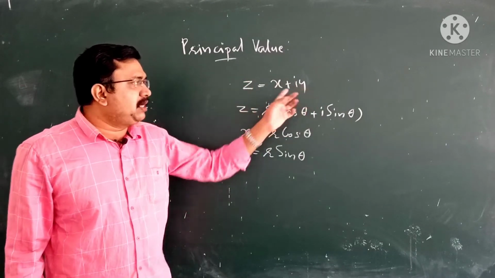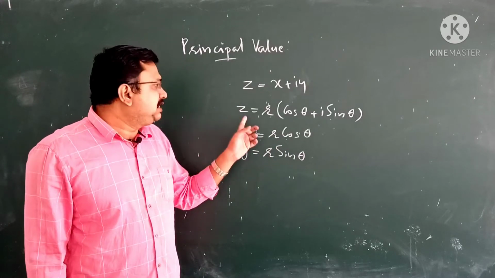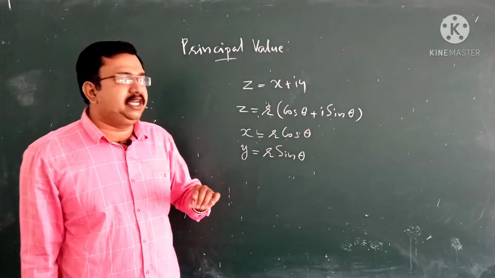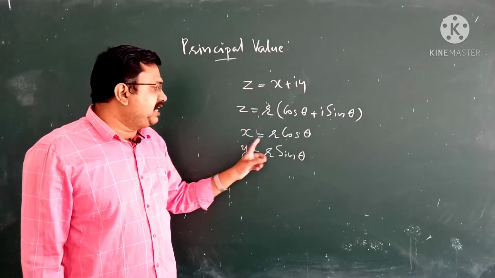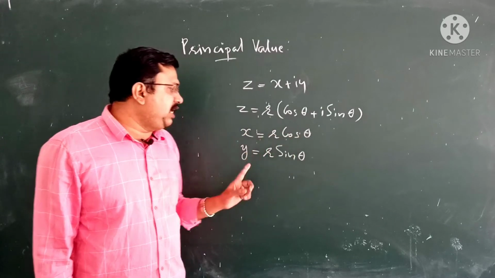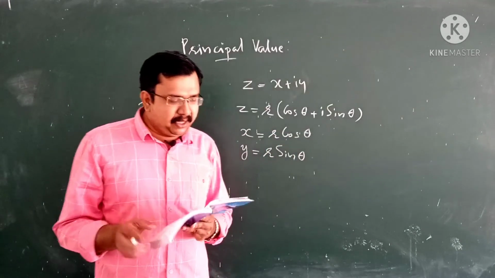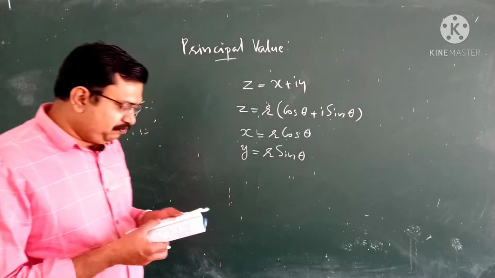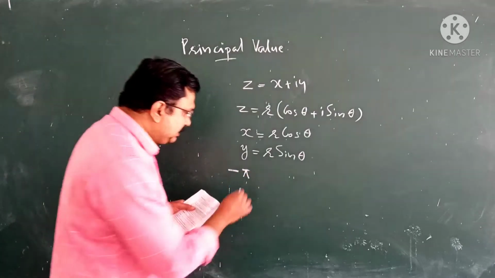When this complex number is represented in the polar form, then z is equal to r into cos theta plus i sin theta. Comparing these two quantities, we can write x equal to r cos theta and y equal to r sin theta.